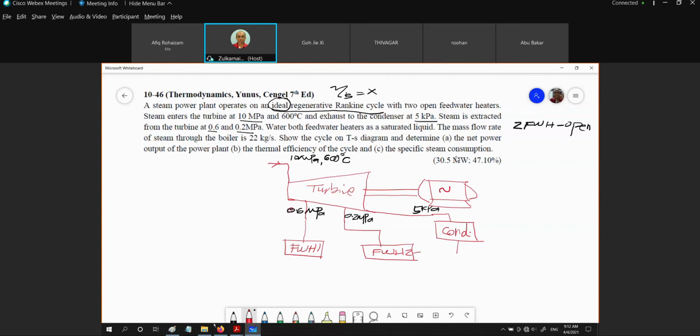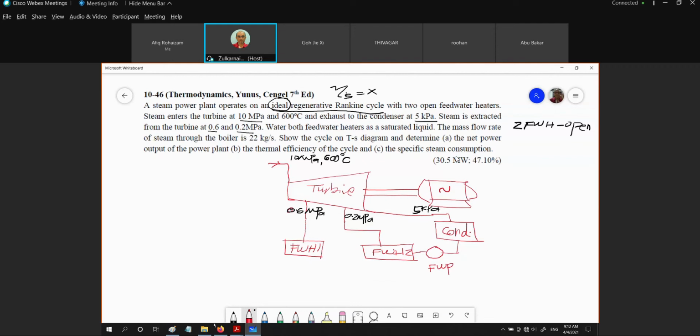Remember, the 5 kilopascal is condenser pressure. Meaning we must have a pump right here. So this is the feed water pump. And coming out from this feed water pump number 1 is at 0.2 megapascal.